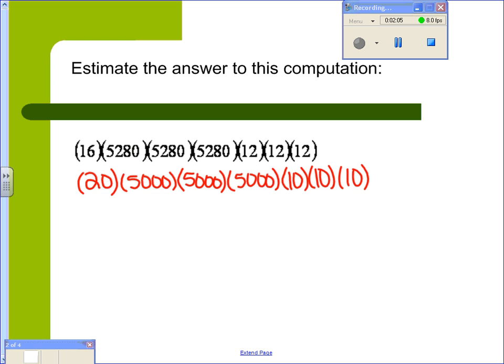Does that make sense? Yeah, you could. We want to estimate it, make it easier. I don't know what 53 times 53 times 53 is, but I know what 5 times 5 times 5 is. Does that make sense? Okay. So what is 10 times 10 times 10? 1,000.